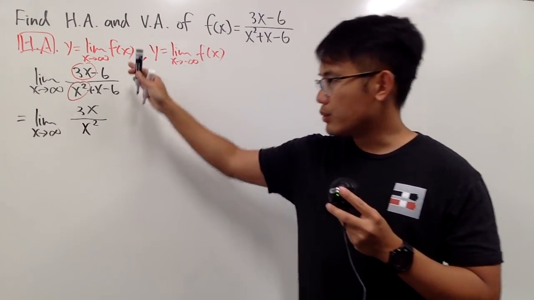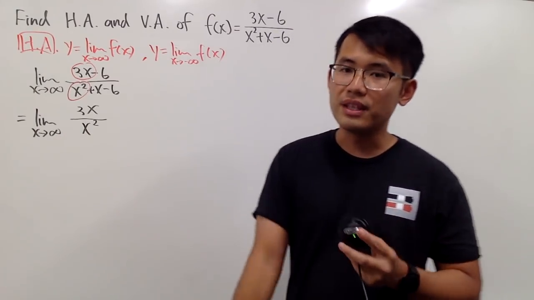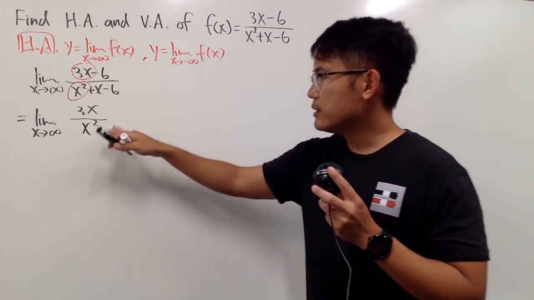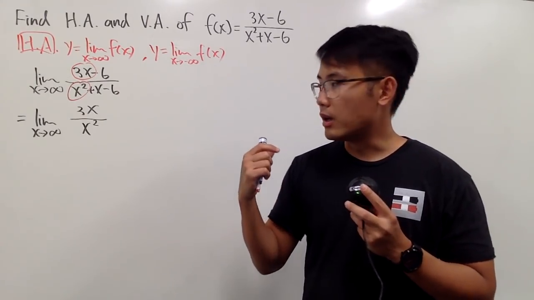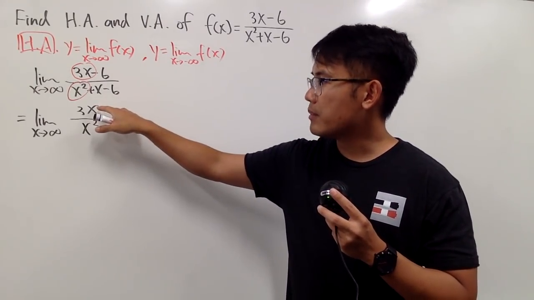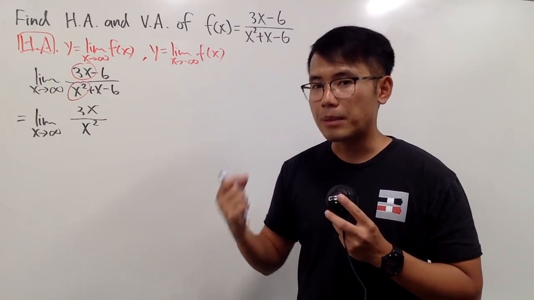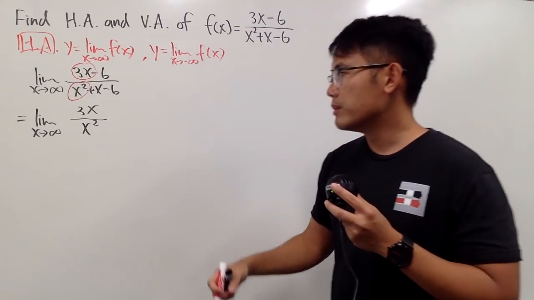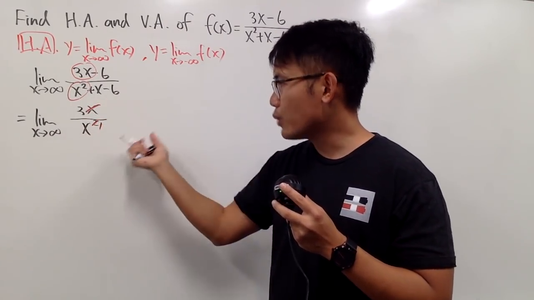Remember, we can do this if x is approaching infinity or negative infinity, right? And the purpose of this is that we are just trying to compare the ratio of the top and the bottom, the dominating part of the top over the dominating part of the bottom. And you see that in this case, x and x squared, they can cancel, so we have only one of it.